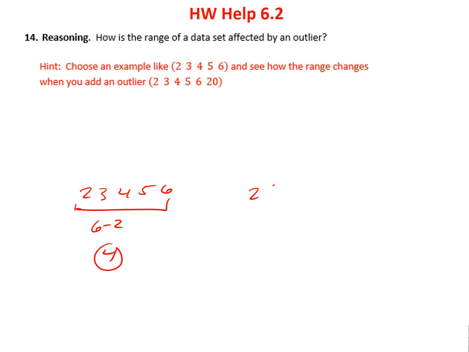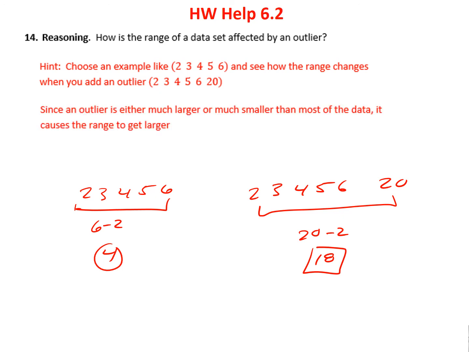However, if I add an outlier to it, the same exact data, but I add a big 20, now notice the range is 20 minus 2, which is 18. So you can see that adding an outlier stretches out the range, making the range much bigger than it should be.